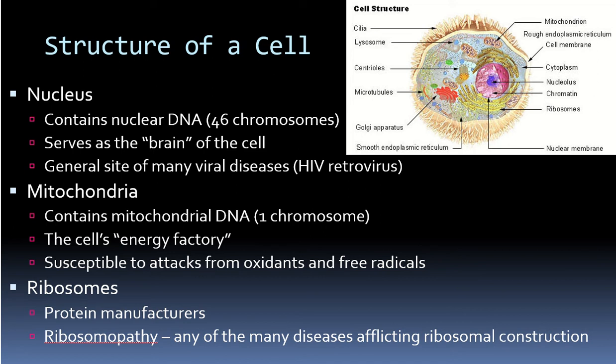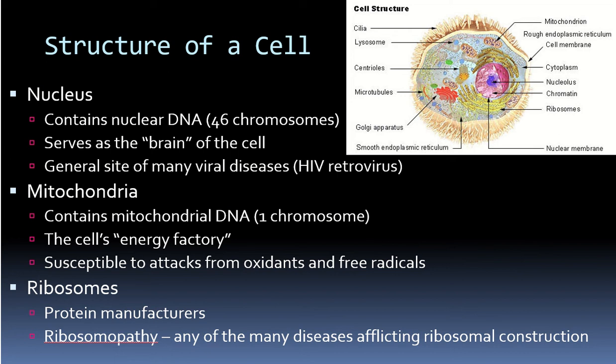There is also the mitochondria, the energy factory of the cell. The mitochondria consists of many folds, which give it lots of surface area to help produce more and more energy molecules.